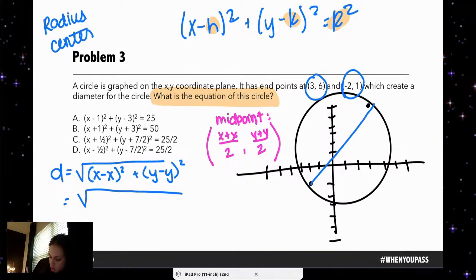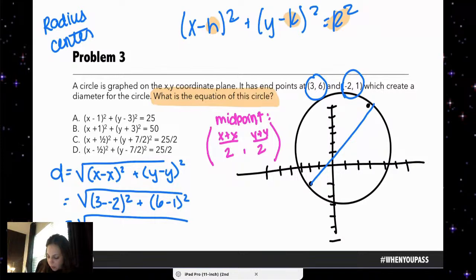So 3 minus negative 2, plus 6 minus 1. 3 minus negative 2 is 3 plus 2, which is 5. 6 minus 1 is 5. 5 squared plus 5 squared is 25 plus 25, which is the square root of 50.